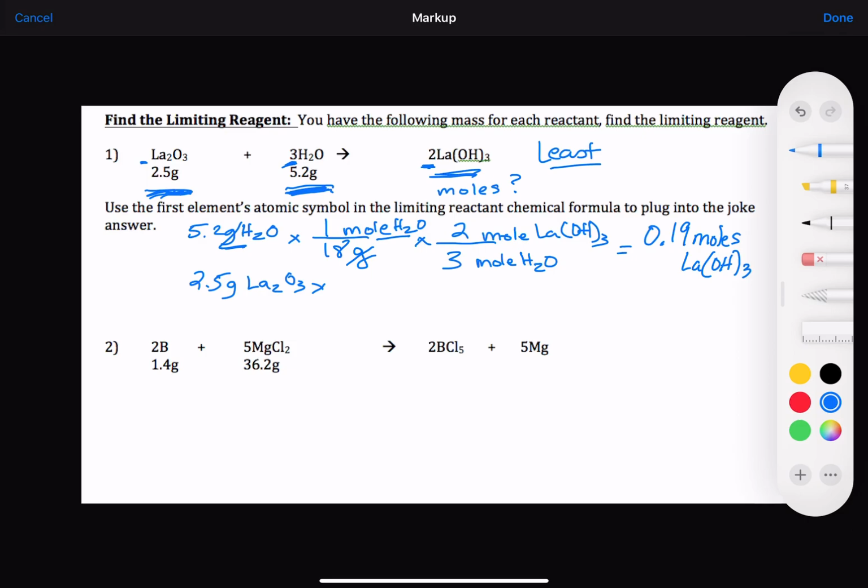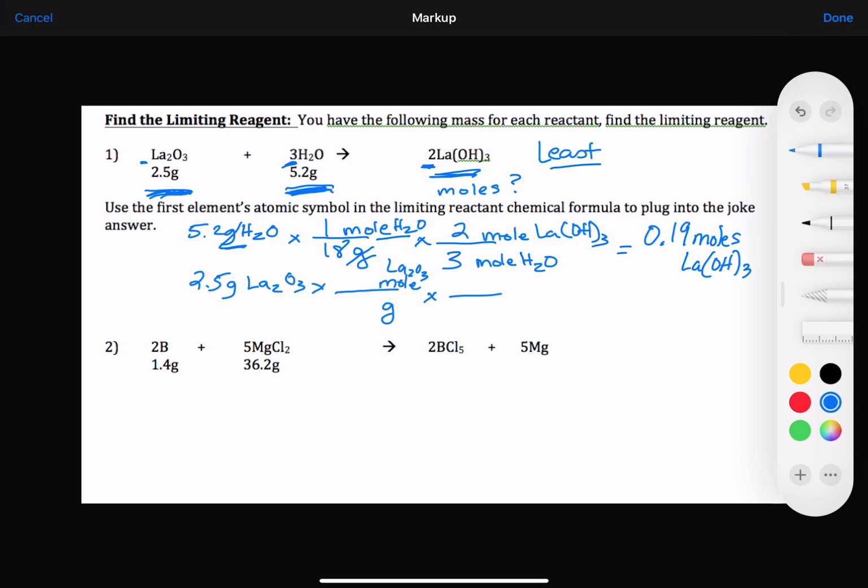Let's see what we'll get if we reacted all of the 2.5 grams of lanthanum oxide. First thing you have to do is convert to moles. I think a lot of these compounds were in last week's calculations, so if you look at your work from last week, maybe you don't have to look up the masses again.